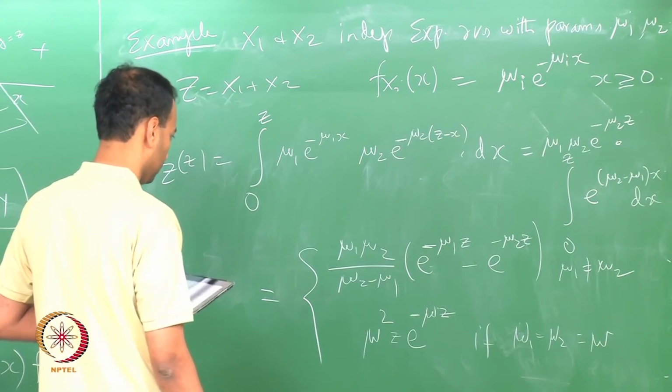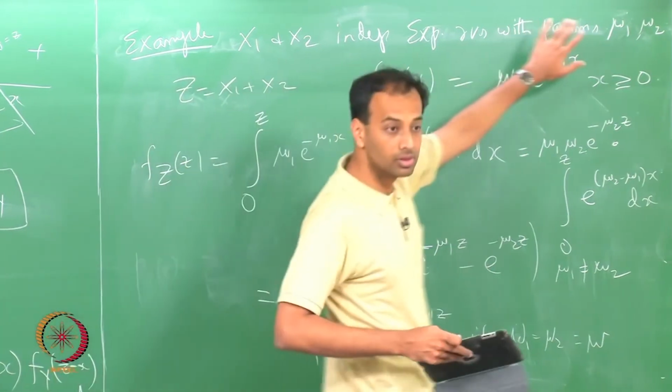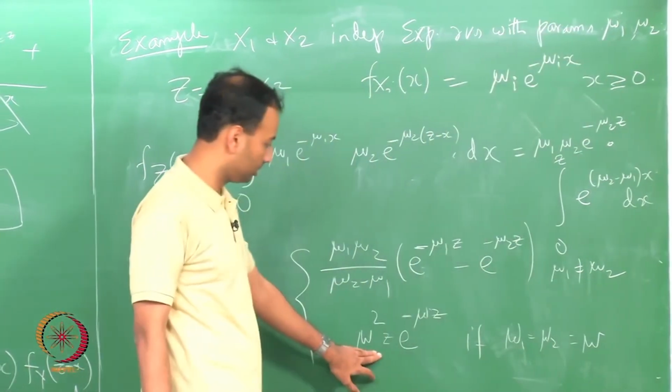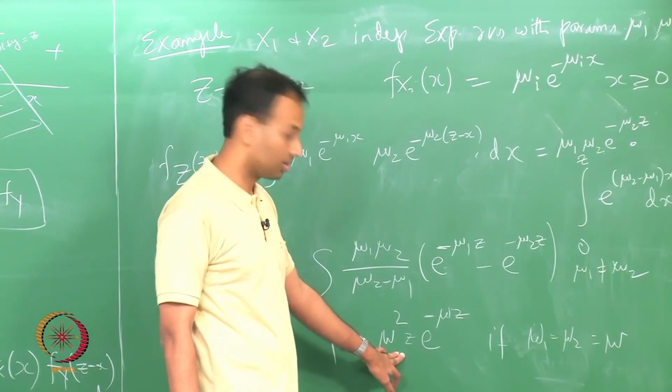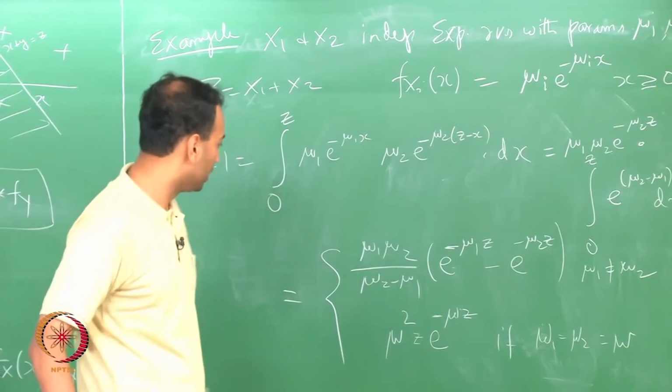If the parameters were the same, the PDF will look like z e power minus z if mu equals 1, right.